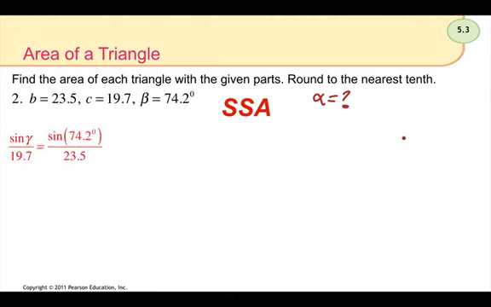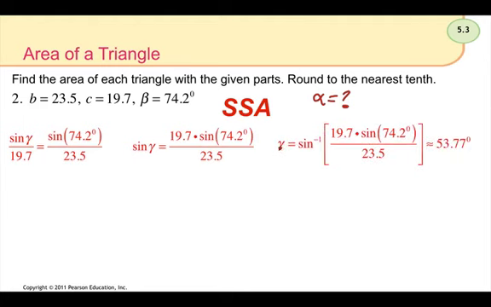This is what we're going to have to do first. First I need to find gamma, because I have little c, or side c. Once I do that, I solve for sine of gamma, use my inverse function to find the actual angle, and I end up with 53.77. Now from here, I should be able to find alpha by simply doing the following, and this is what I get.